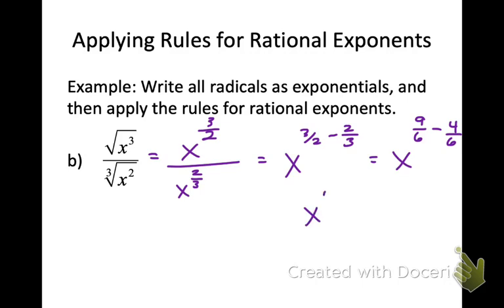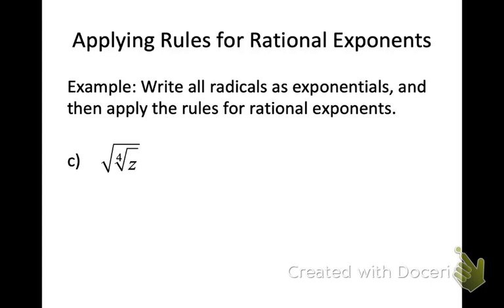So x to the 5 over 6, which would be a 6th root of x to the 5th. All right, okay. You just gotta make sure you don't rush these. Take your time, guys.